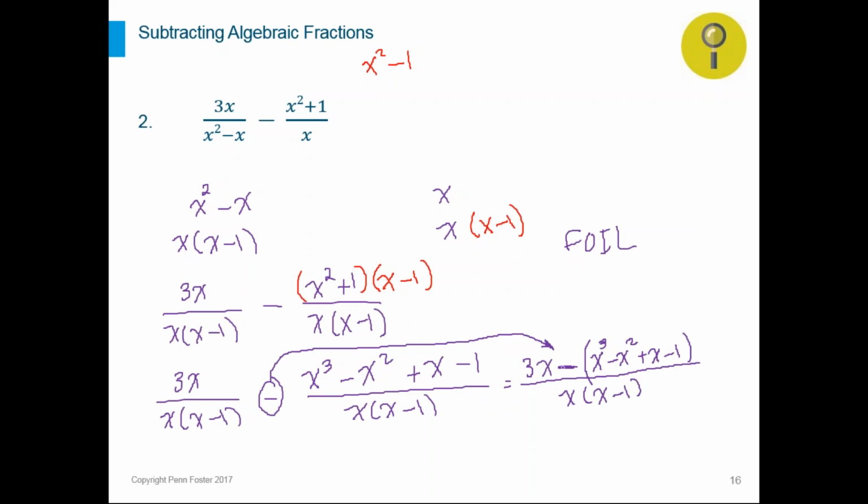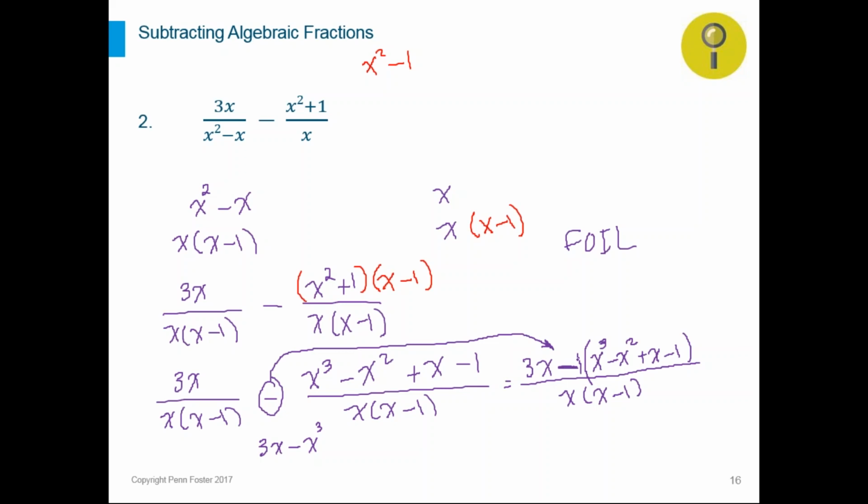Now, this minus sign, if you remember from the last question, has to be applied to each term in the second numerator. What does it mean? This is like negative 1 times everything after that. So to simplify that, I have 3x. Negative 1 times positive x to the third is minus x to the third.